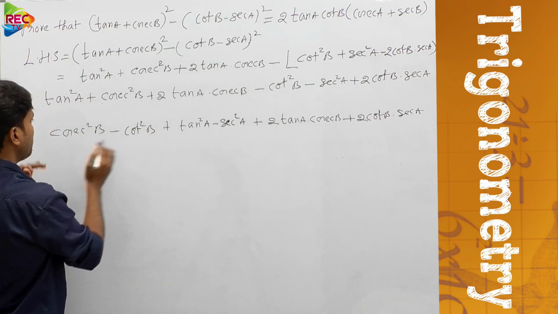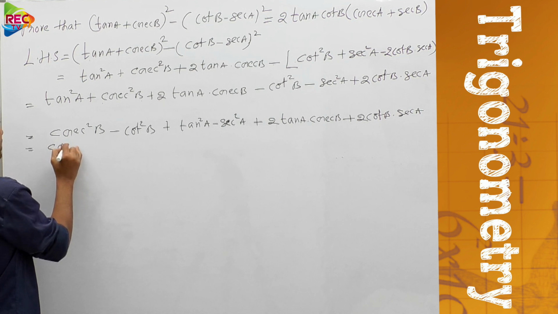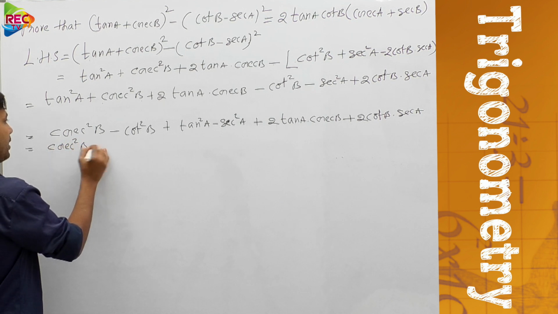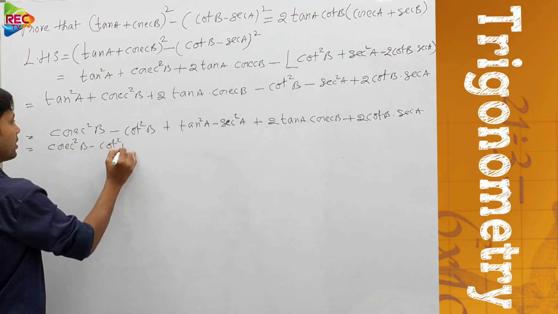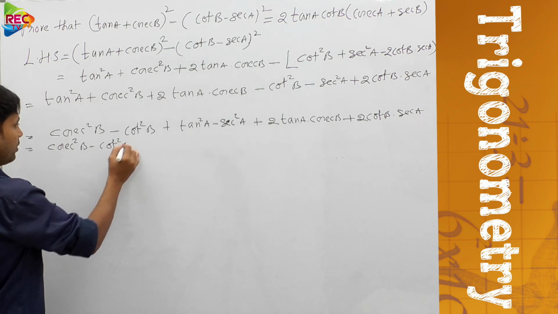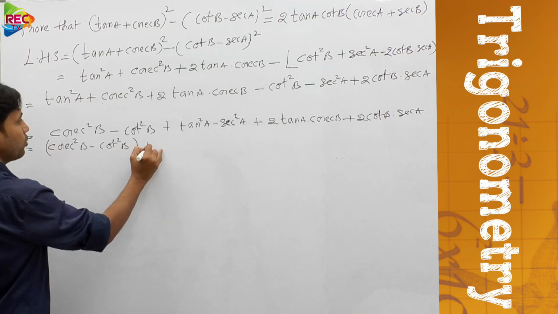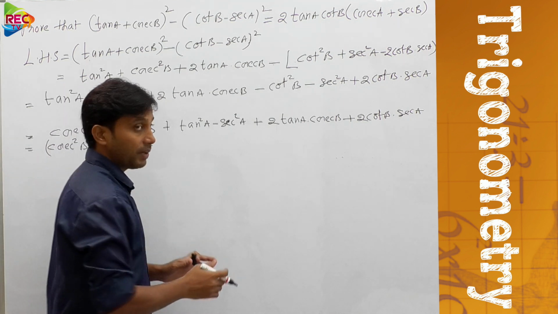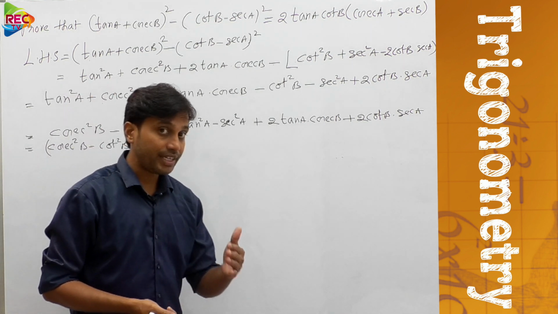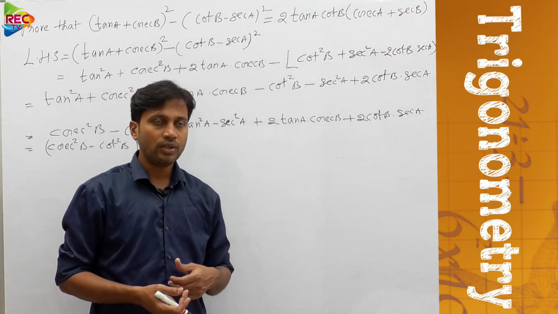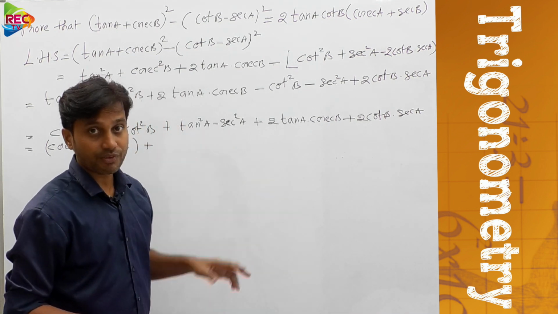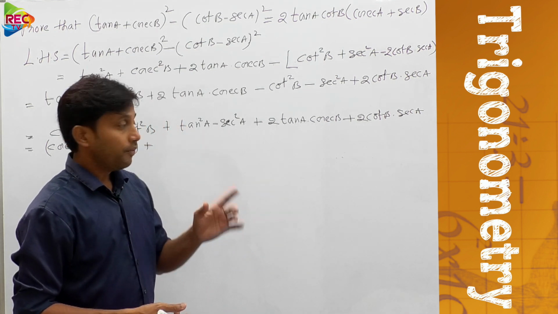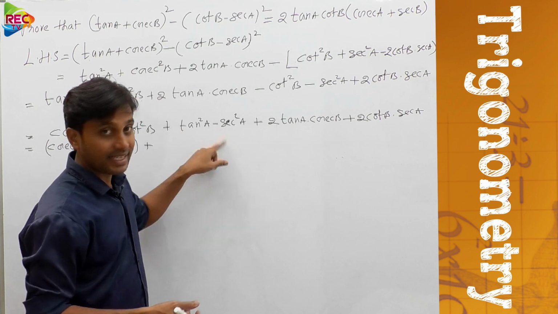Now group these two terms, cosec² B − cot² B, as we have already done. Now for my convenience, sec² A − tan² A is equal to 1, but here we obtained tan² A − sec² A. So we need to have the reverse in signs.